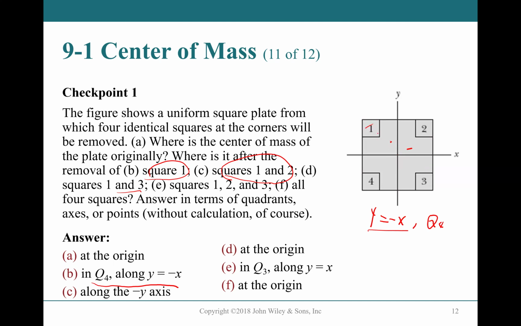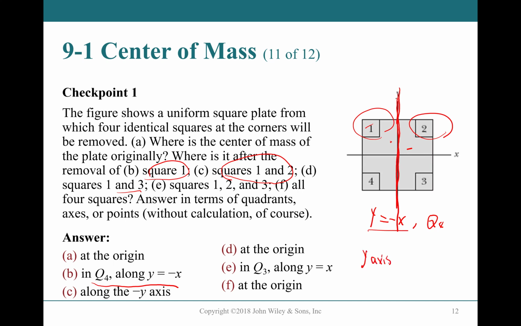And then we can take 1, 2, 3. Let's take a look at removing 1 and 2. You can do the rest by yourself. It's very simple. If we remove 1 and 2, this plate will be symmetric about this line here, which is our y-axis.